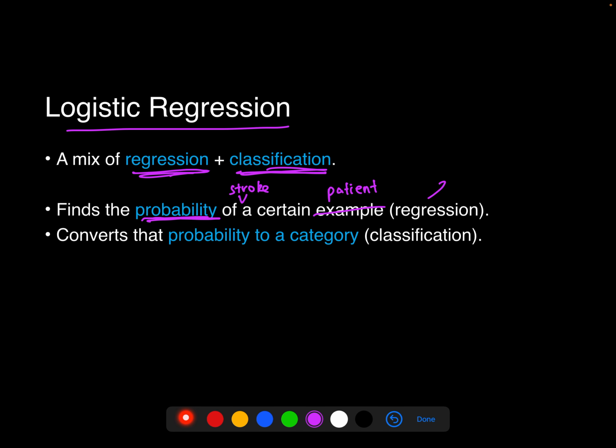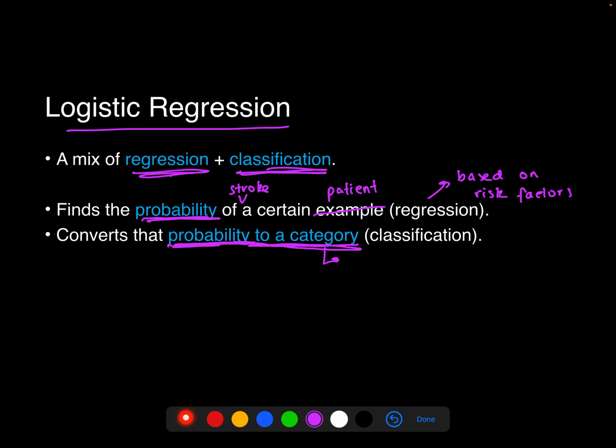And this is based on the risk factors that we mentioned. And then it converts that probability that we got from the regression into a category. And this second step is the same as classification.